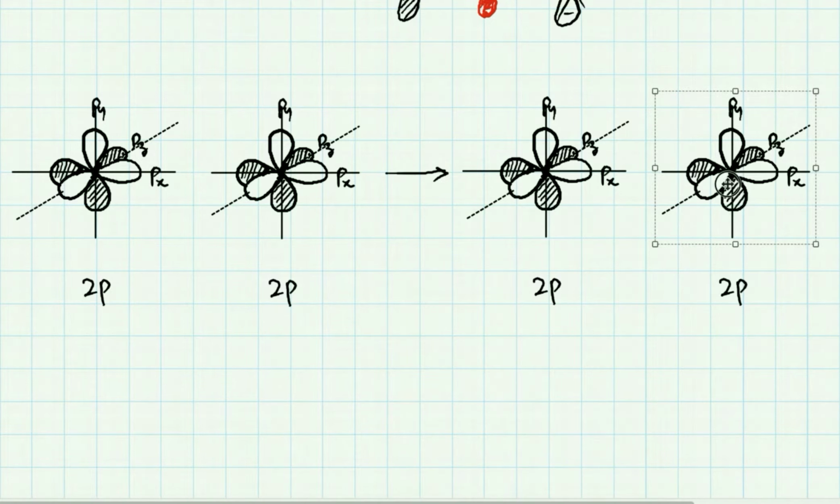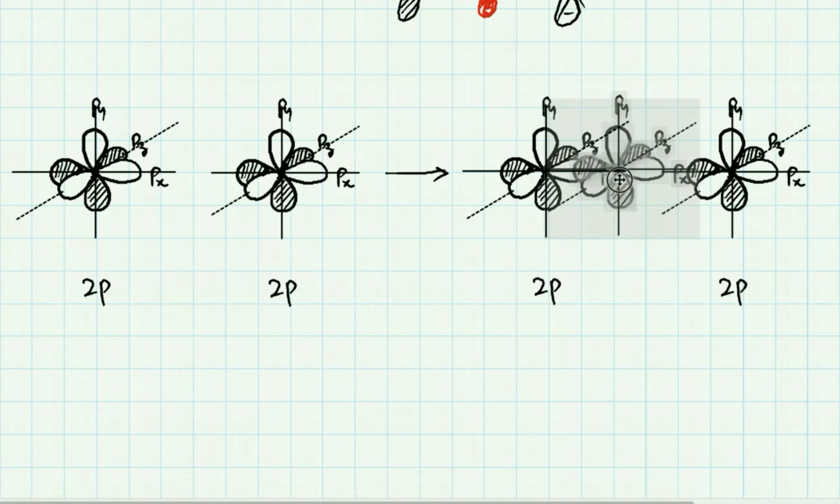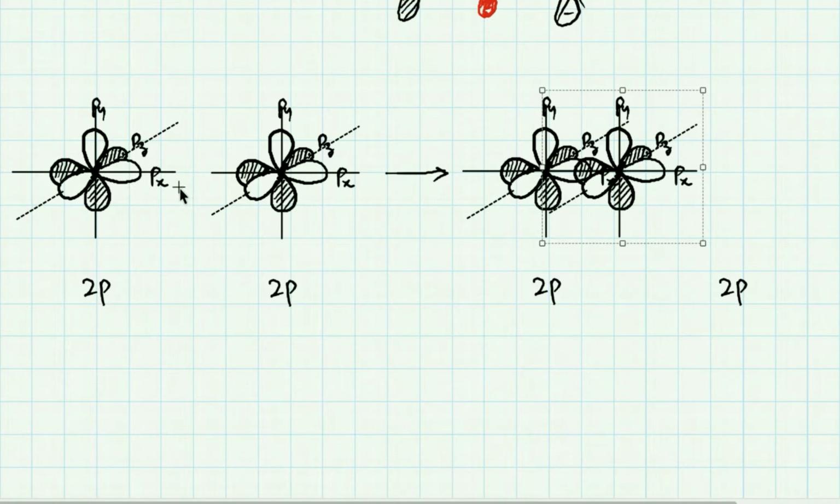Suppose they are coming close together. Two px orbitals, two py orbitals, two pz orbitals are combining together. We are showing all of these together just to understand simultaneously the way these orbitals are combining together. Then we will consider these separately also in order to better understand.